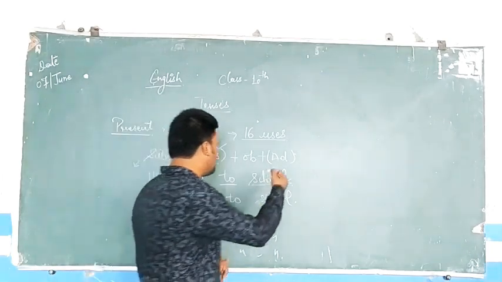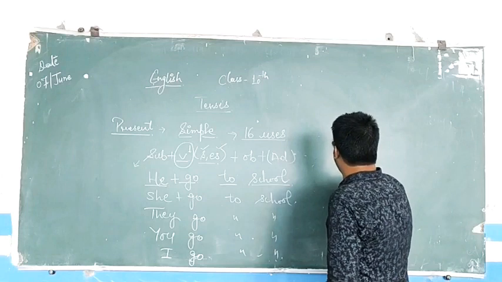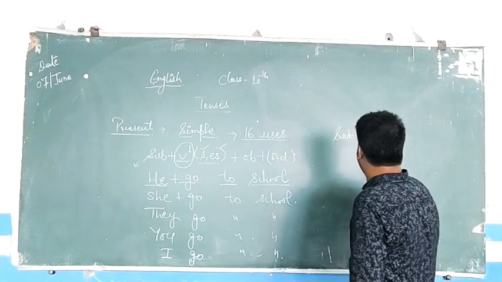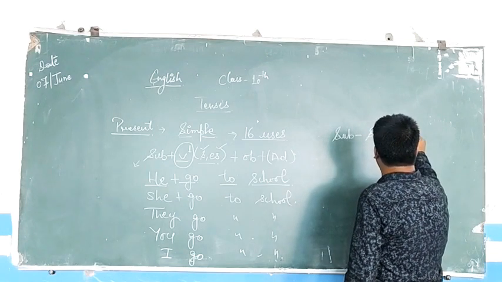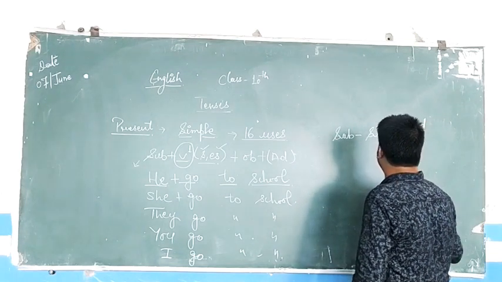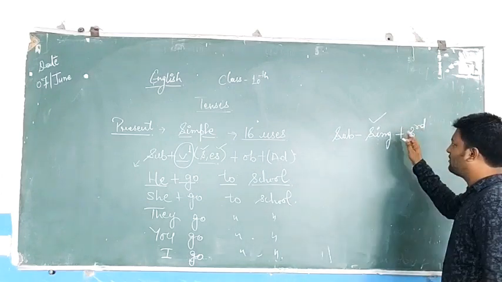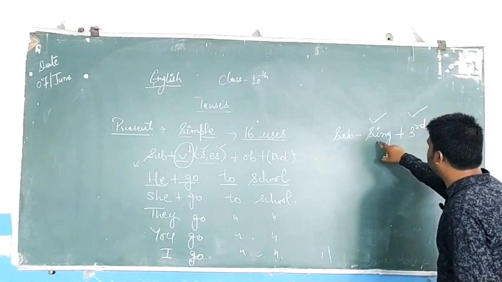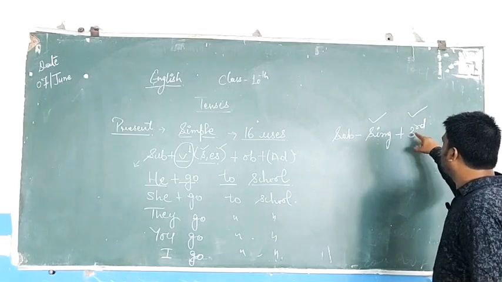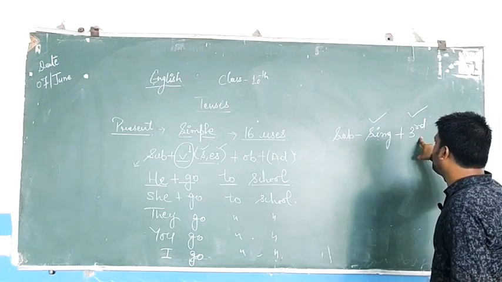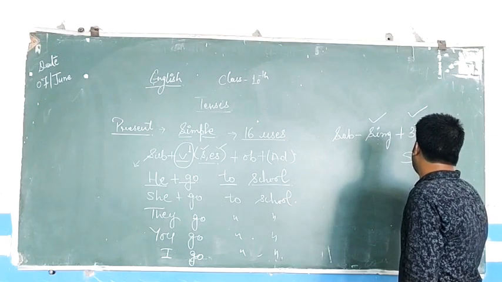Let me tell you: if my subject is singular as well as third person, both these conditions should be met. That is, it must be singular and it must be third person also. Then and only then I will use either s or es.